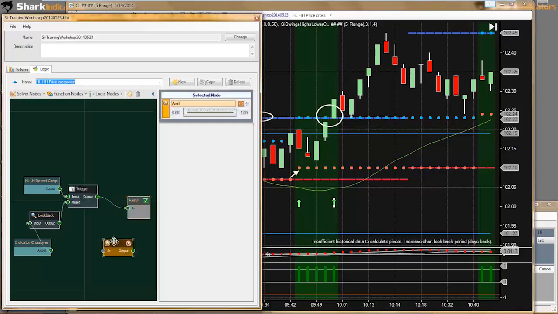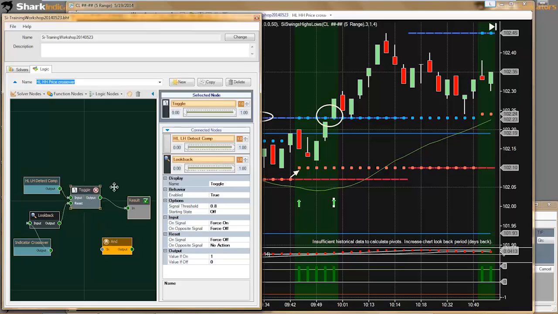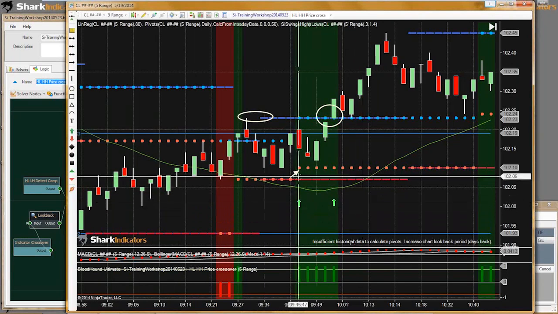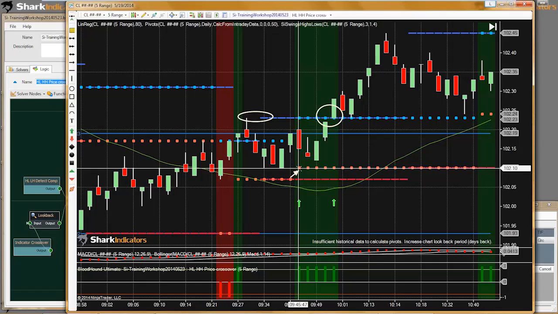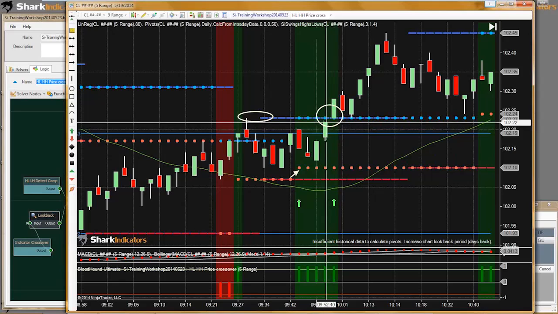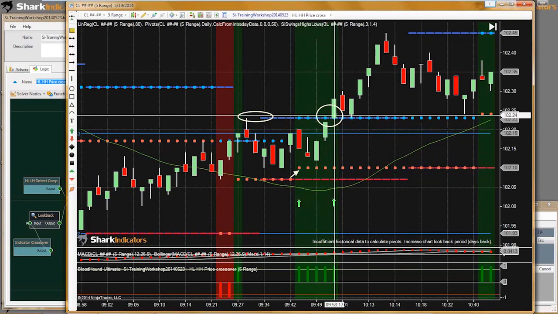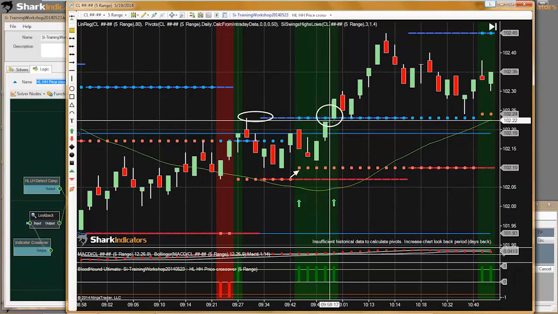So before I plug this AND node in, just to recap, this toggle node, right, it's telling us when a higher low formed, and it's holding on to that higher low condition until price crosses over the swing high, right?